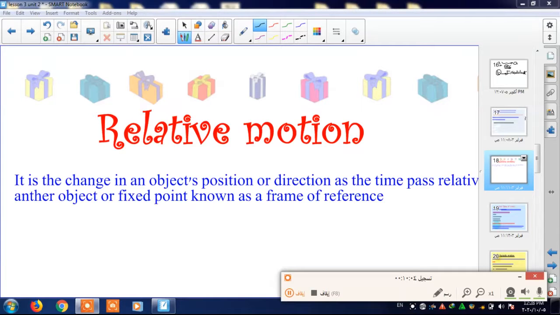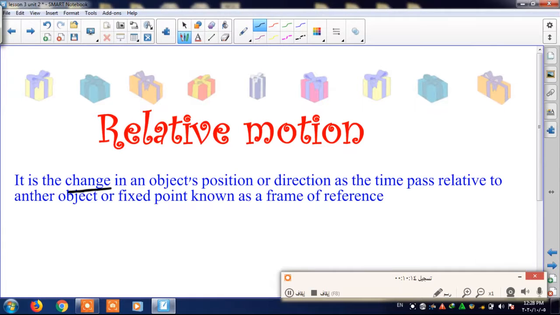So the other object can be moved or can be fixed. It is the meaning of relative motion. Again, it is a change in the object position or direction from time to time relative to another object. This object can be moved in the same direction or opposite direction to you, or can be fixed.